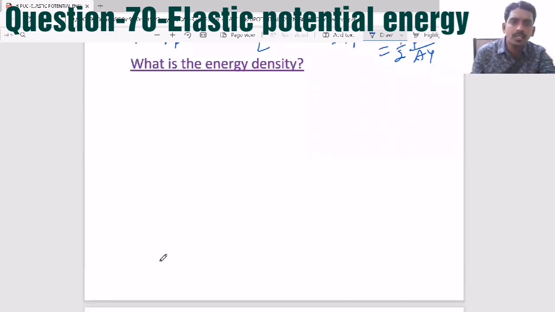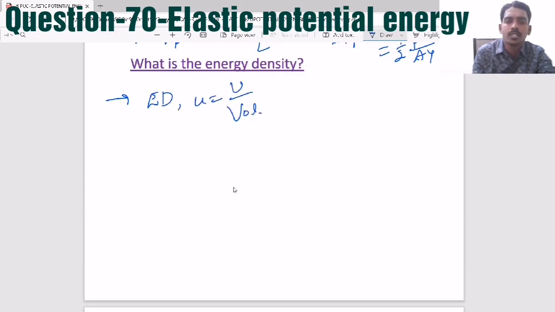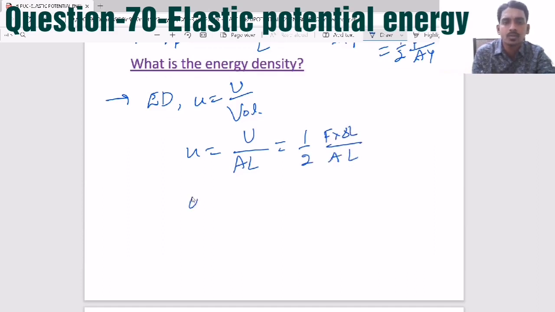Now the next thing is, what is energy density? See, energy density means energy per unit volume. That is the formula. So energy per unit volume means energy by area into length, where energy is half into F into delta L, by A into L. So the energy density is half into F by A, which is called stress, into delta L by L, which is called strain.